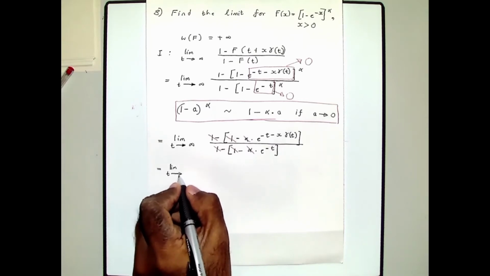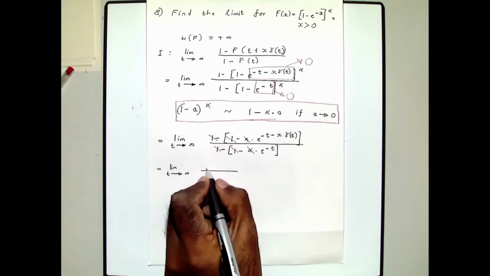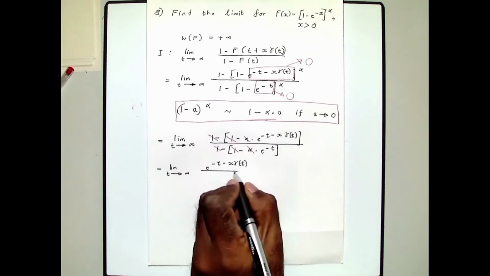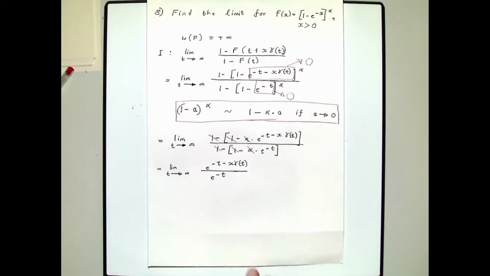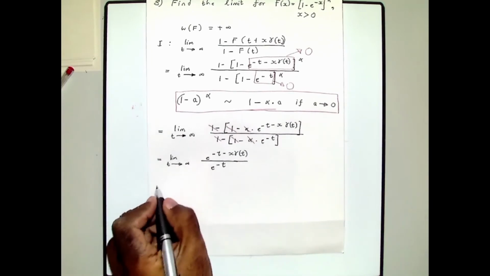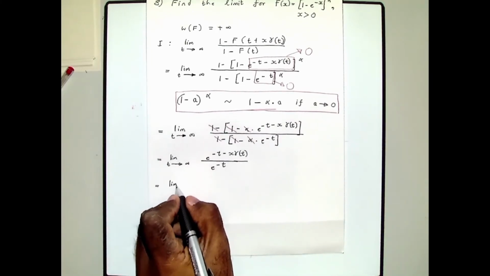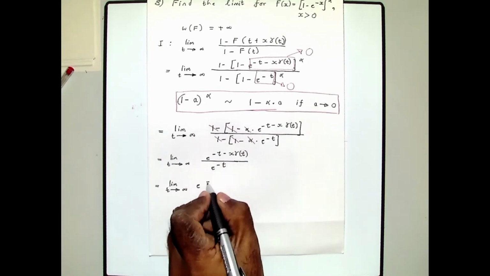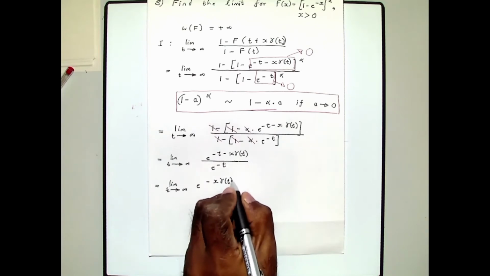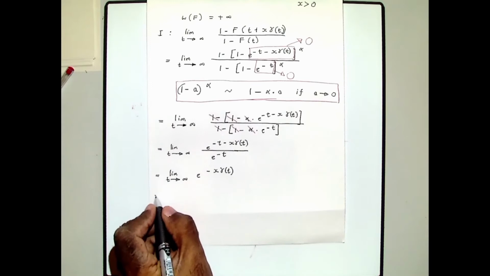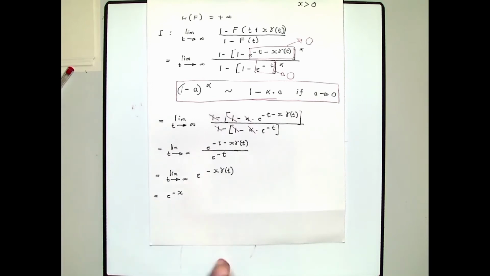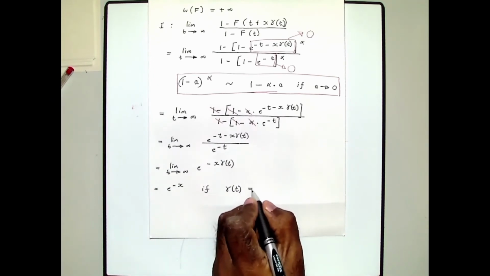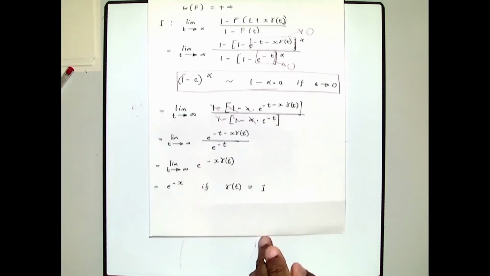as t approaches infinity of this, which is equal to the limit as t approaches infinity of this, right, and this is equal to e to the minus x if we choose gamma t to be identically equal to 1, for all t.